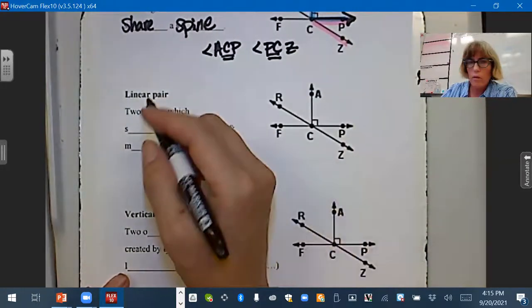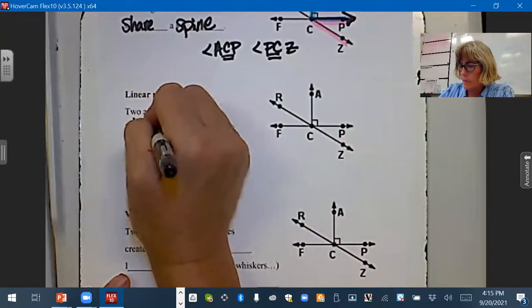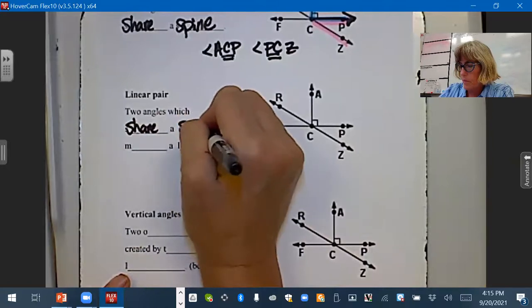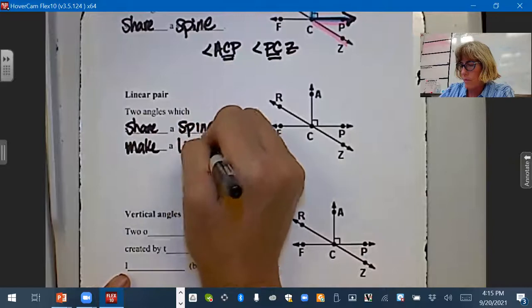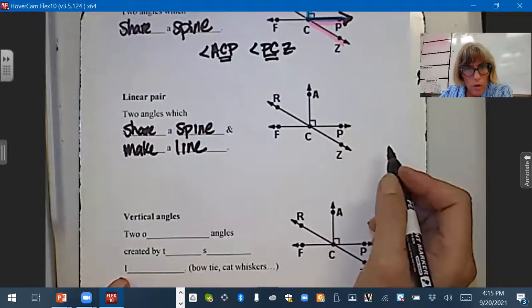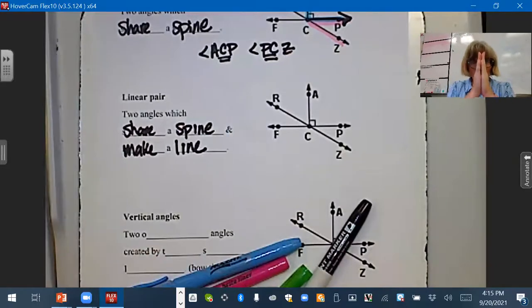Linear pair are also adjacent. Two angles, if you go like this, they share a spine, meaning back to back, and put your elbow straight out, they make a line. Share a spine, make a line.